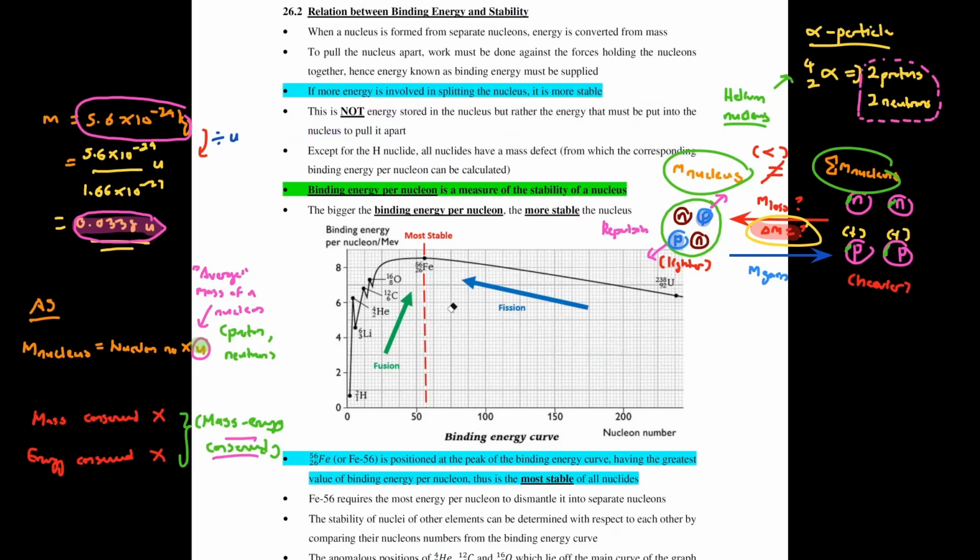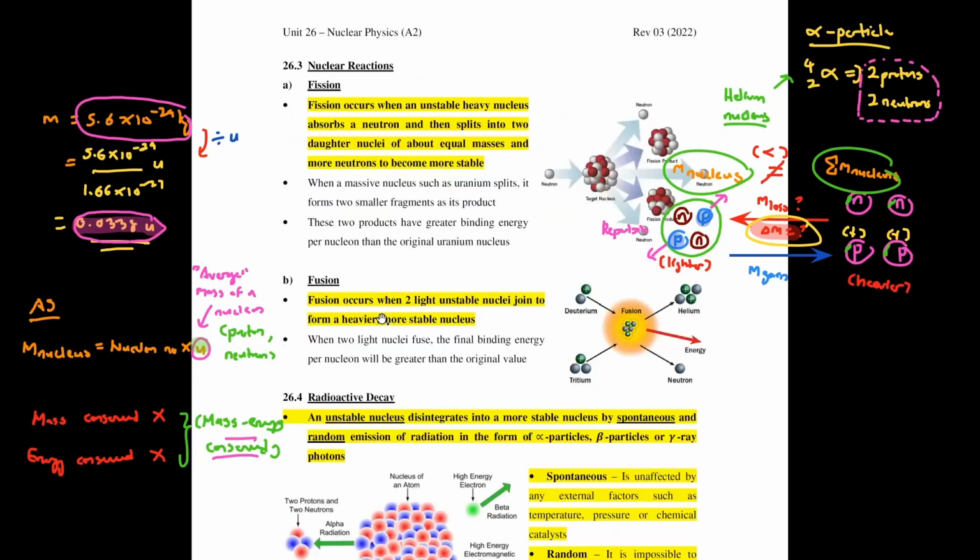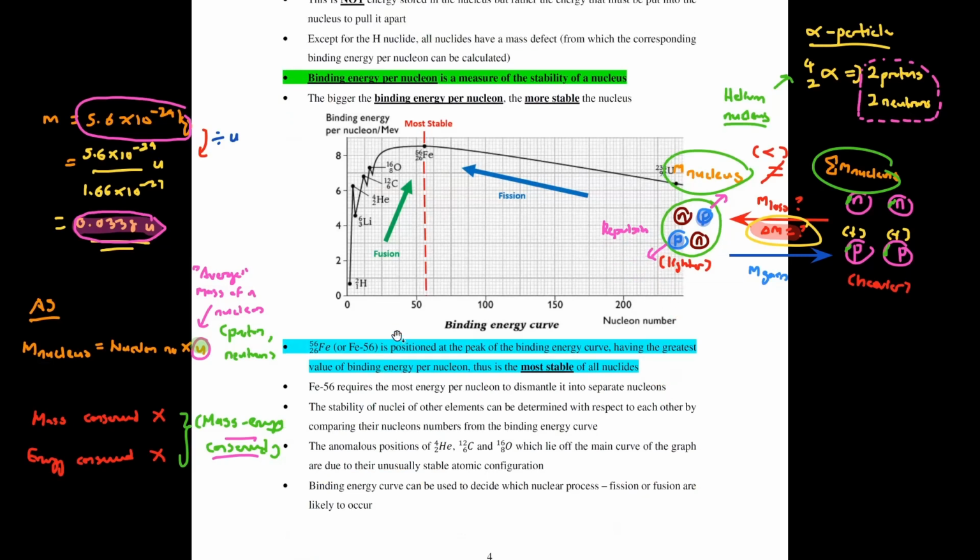Now if you were to plot a graph of binding energy per nucleon versus nucleon number for a number of different elements, generally you will get a graph shape that looks like this. Maybe it's better if I just draw it out for you.